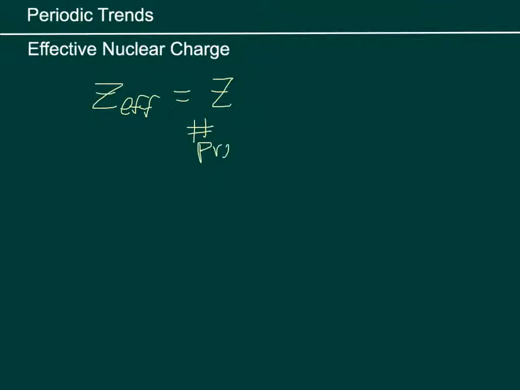So in the absence of any other electrons, if you were to look at, say, sodium, which has 11 protons, the effective charge you feel should be plus 11. It's not, however, because the other electrons play a role. There's this shielding that needs to be taken into account.